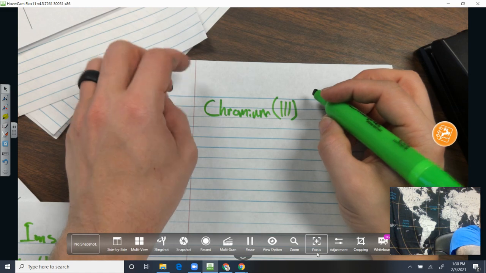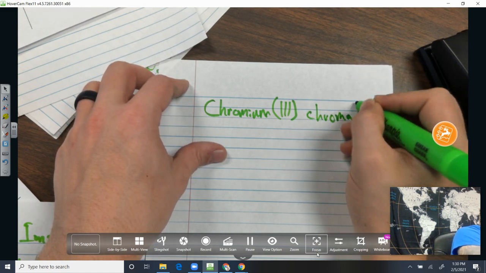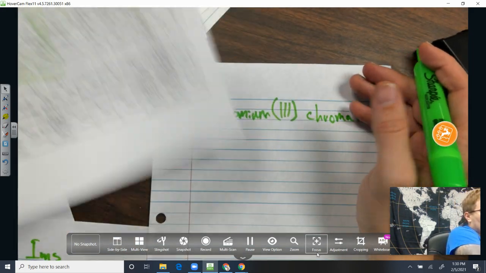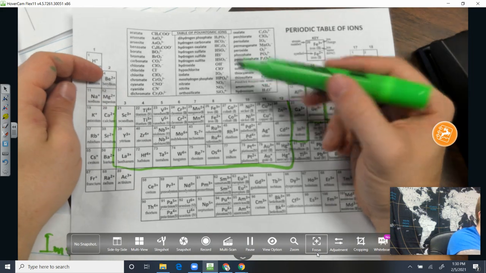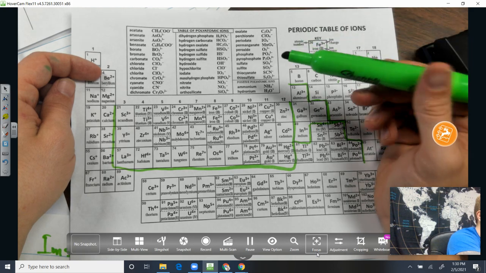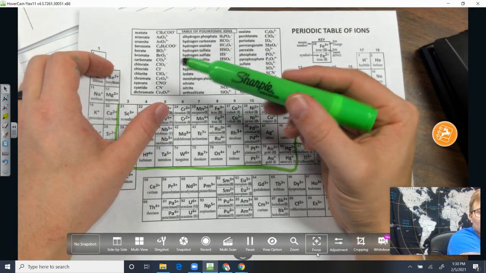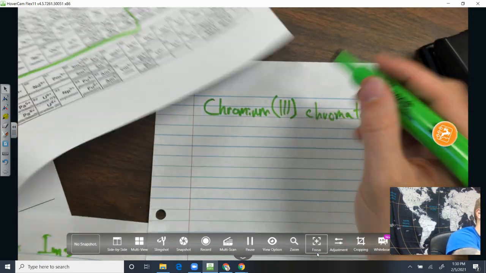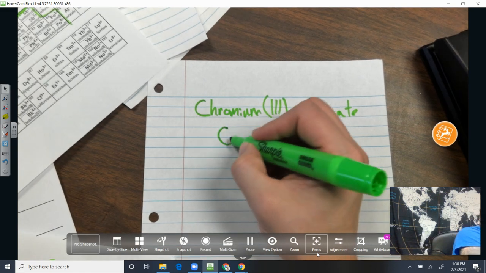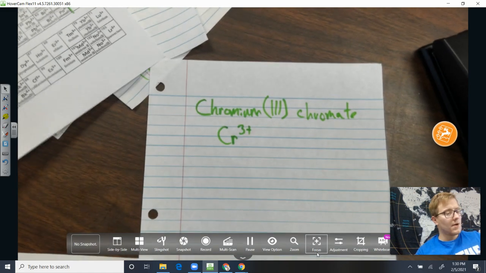So I gotta go to chromium first. I see chromium, chromium, chromium. I can't find you nowhere. Oh, there you are. Cr, either 2 plus or 3 plus. So I see it's 3, so I know you gotta have 3. Cr 3 plus. I go to my polyatomic ion chart.